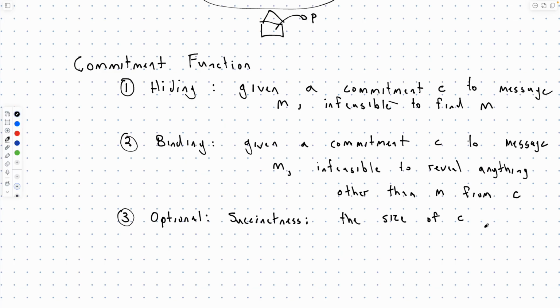So if I put a piece of paper in the envelope, the envelope has to be the same size as the paper or bigger, right? Succinctness says I can fold that paper up first and I can put it in a much smaller envelope. Okay, so there's some way of folding it up. Okay, so the size of C will be small relative to the size of M.